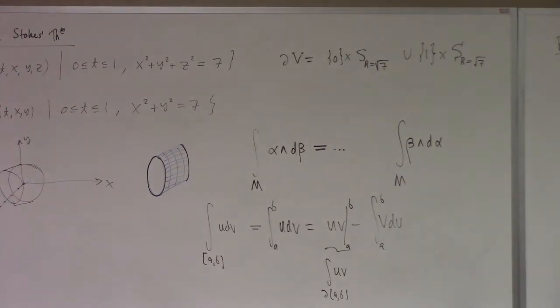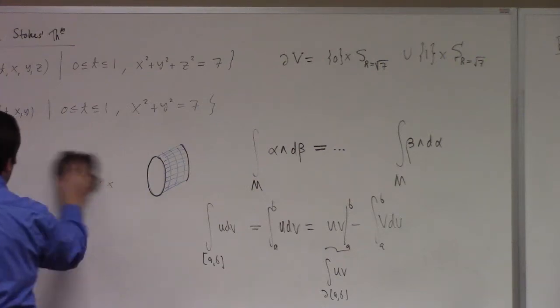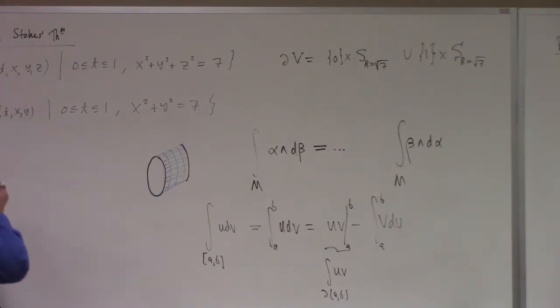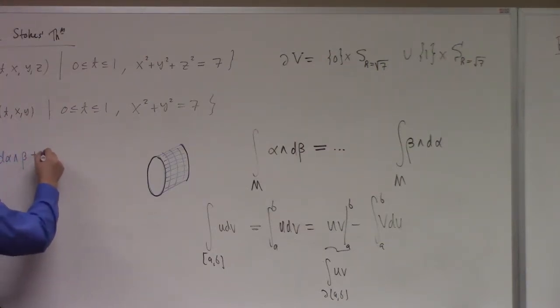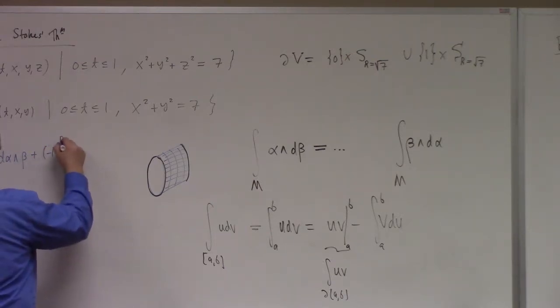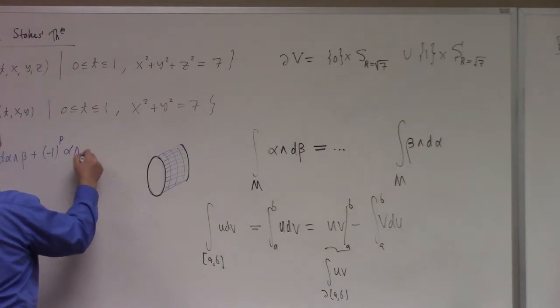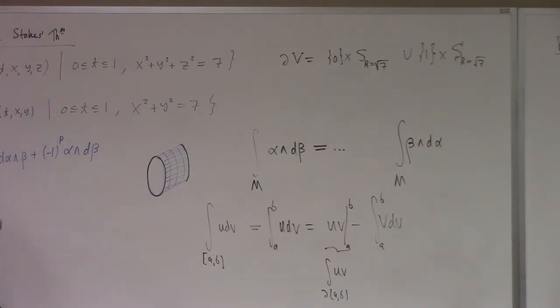You said that minus would mean the one with minus one. D alpha wedge beta, what was it? D alpha wedge beta plus minus 1 to the P of alpha wedge d beta, right? Where P is what? For alpha a, what would you say, Travis?